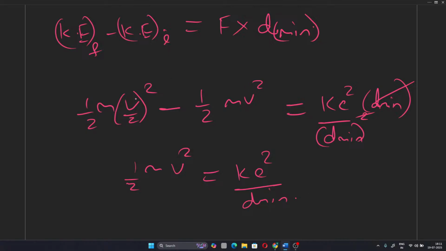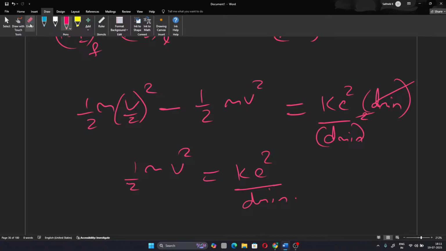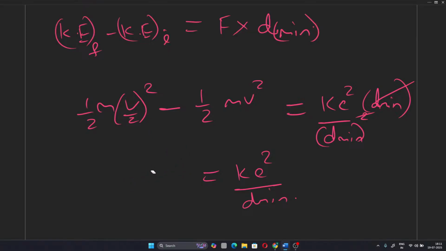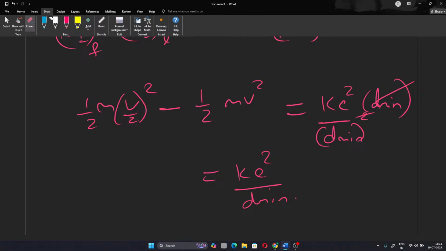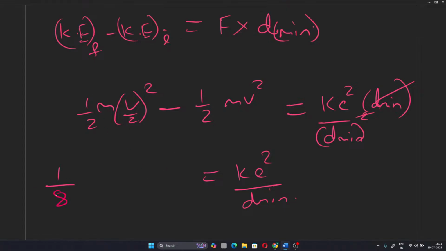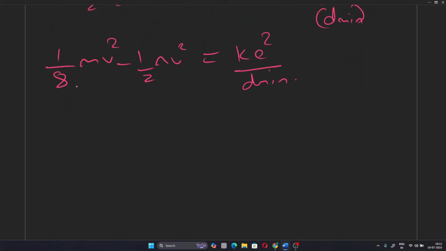Wait. This is 1 by 8 m v square minus 1 by 2 m v square. The answer is coming in negative, but let's see. 1 by 8 m v square minus 4 m v square.